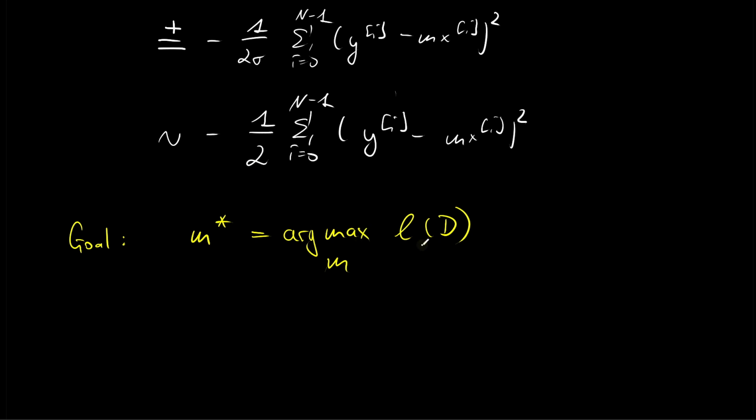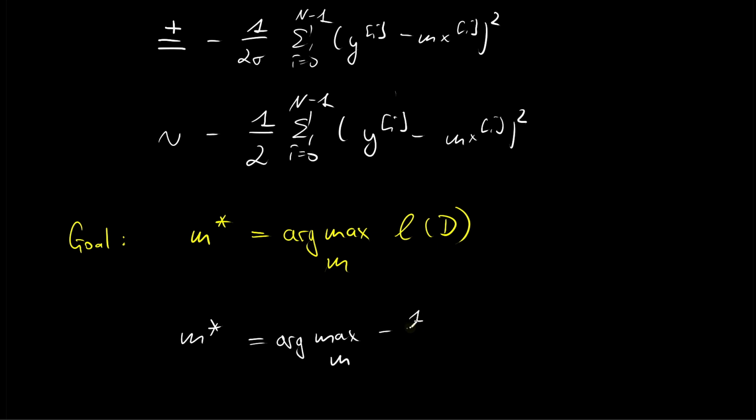So we are still doing a maximization because we want to get the m which maximizes the likelihood, so which has the highest probability of being the one that we want to have according to our model. But we can also rephrase this as a minimization problem if we take out the minus sign. So in other words, we say that m star is the arg max over all m.